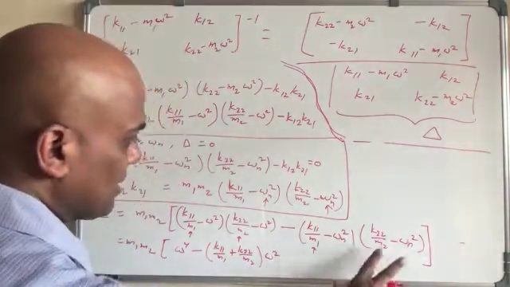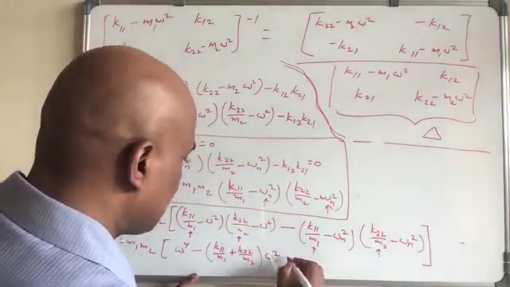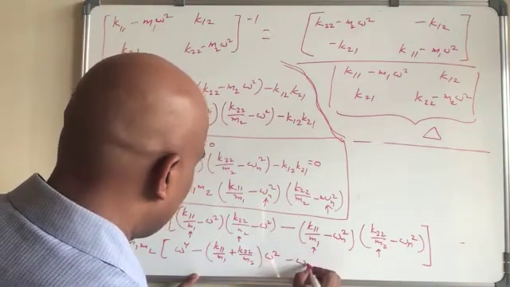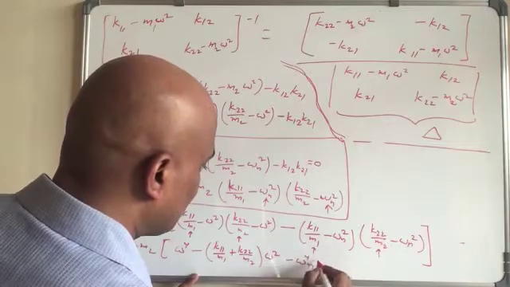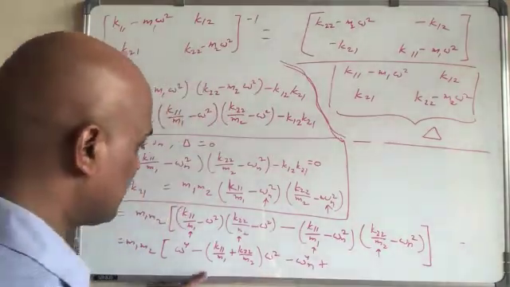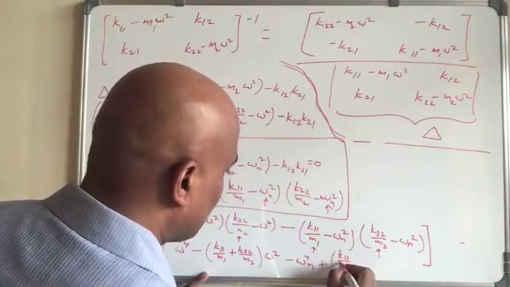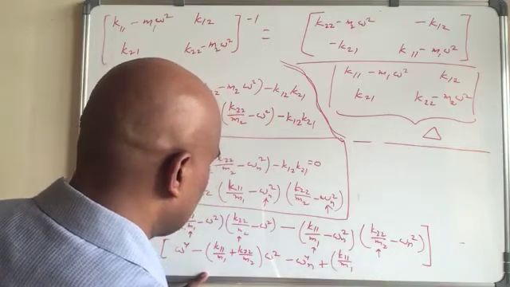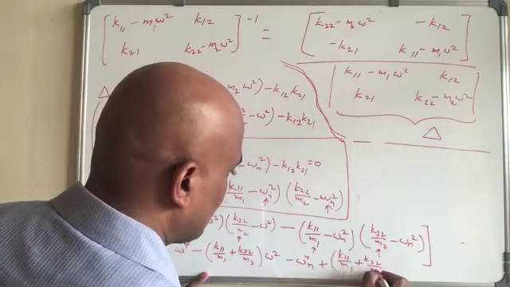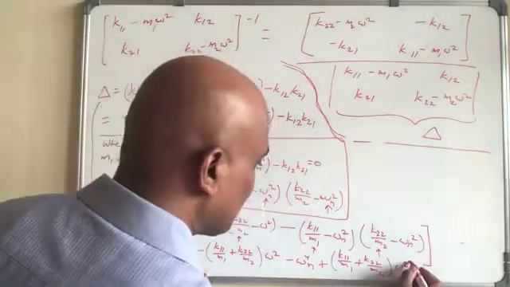And on this side we have a similar term, so this will be equal to minus omega n to the power 4, and then plus k11 over m1 plus k22 over m2 multiplied by omega n square. So we have it like this.